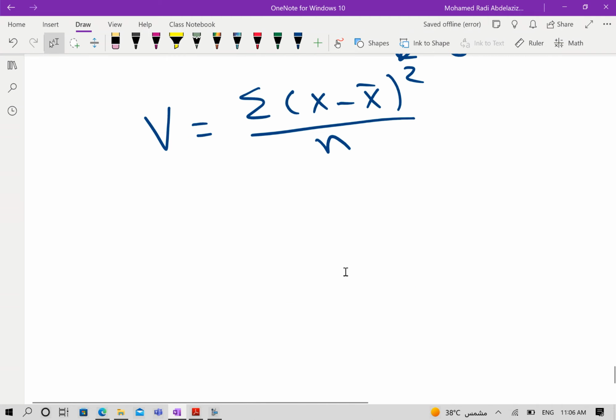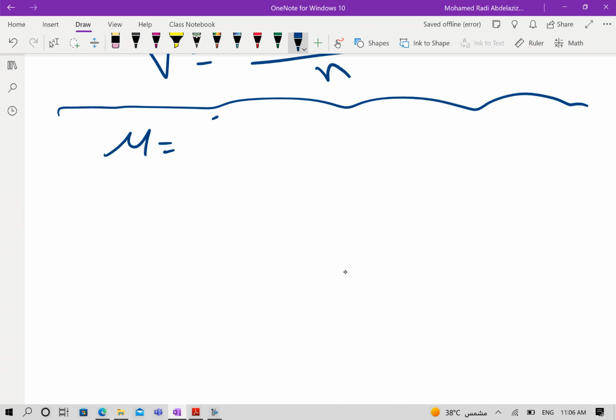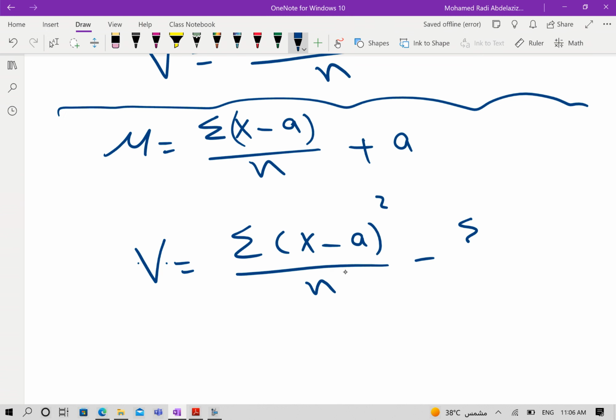So before the final form, I needed to use it. Mu is sum of x minus a over n, you have to add a. For the variance, sum of x minus a squared divided by n minus sum of x minus a over n, the whole squared.